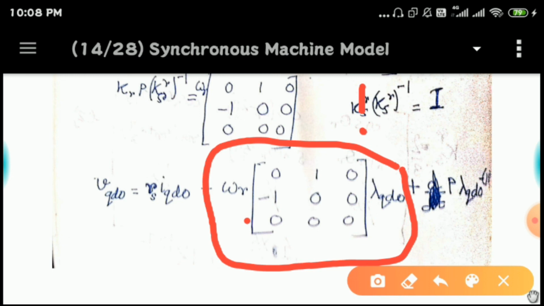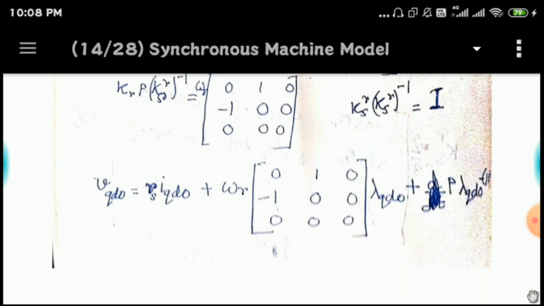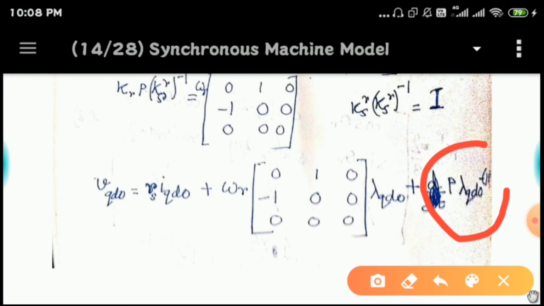Now, coming to the third part, this one, actually this is like a transformer EMF. Here you can see that, like a transformer secondary induced EMF, it directly depends on the rate of change of your magnetic flux linkage.